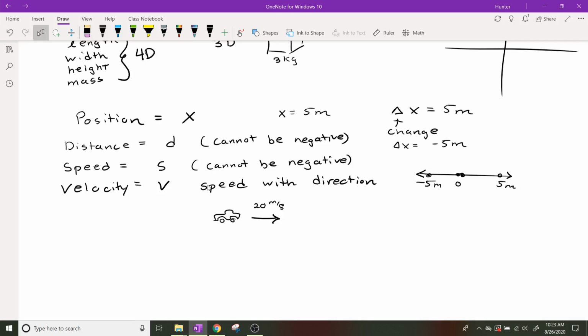But if my sombrero car was moving in the left direction, that would be negative 20 meters per second. Both of these are valid velocities. So the positive and the negative just really tells me which direction we're going whenever we start the problem. Does that make sense? Is that a reasonable rule? Okay, yeah.